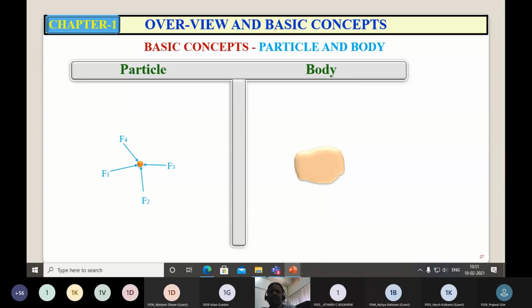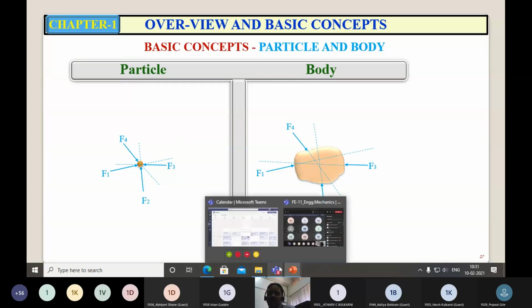A force system is acting on this body. So 4 forces are acting: F1, F2, F3 and F4. But the lines of action of all these forces are passing through a common point. Whereas here in the second case, 4 forces are acting, but the lines of action of these forces are not passing through a common point.